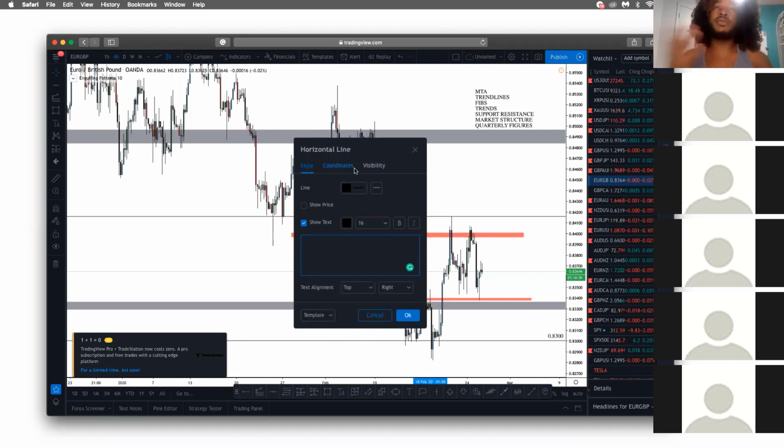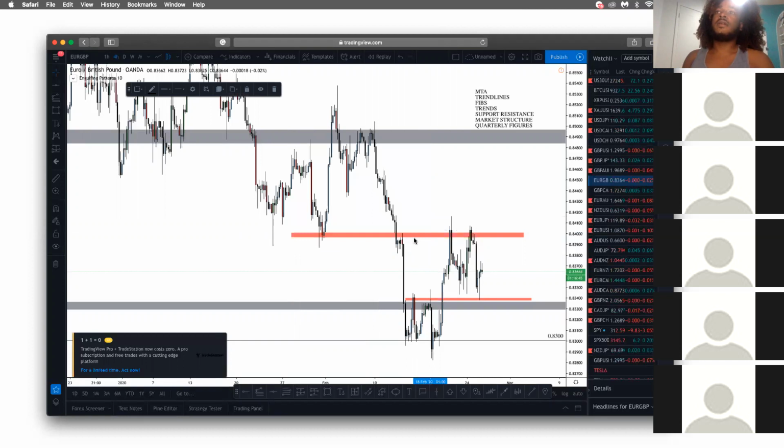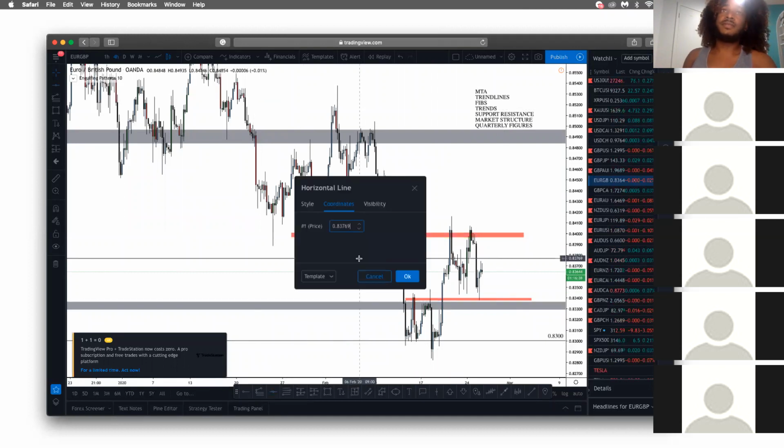Now, if you put the line anywhere on the chart, you don't necessarily have to drag the line to 82 cents. You could go to coordinates and just type in 82 cents, and the market is gonna put the line at 82 cents. Okay, 82 cents is at the bottom, so let's do 84, right?